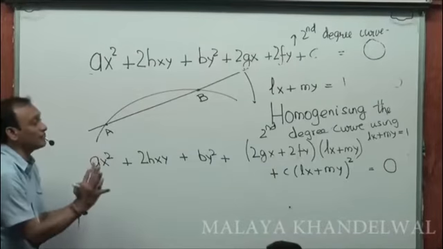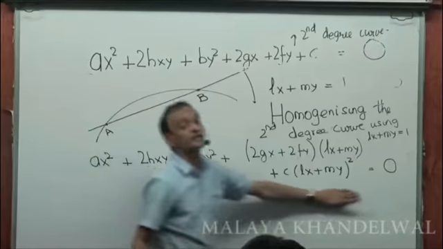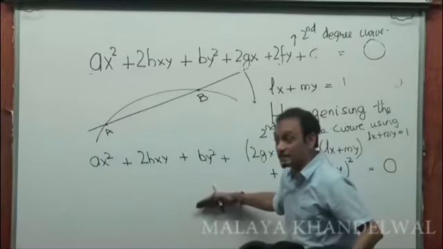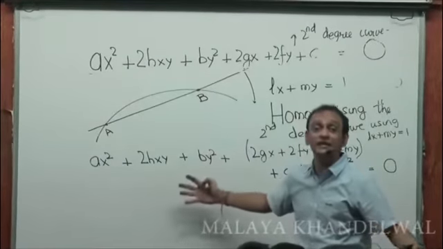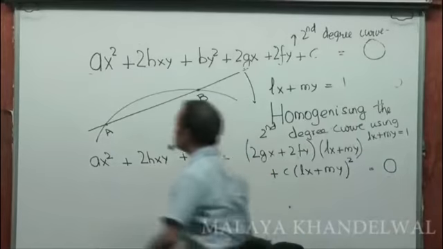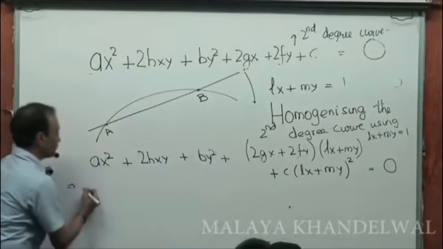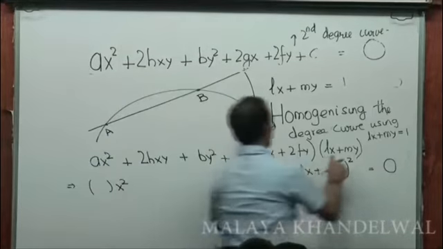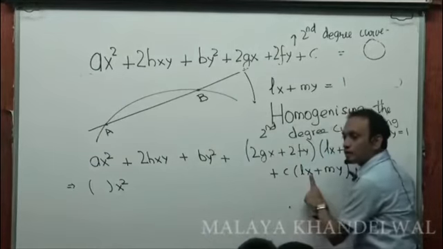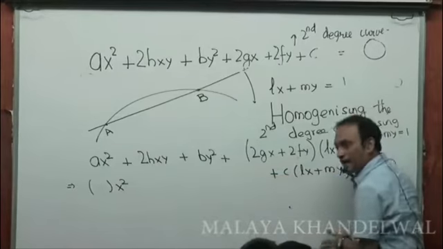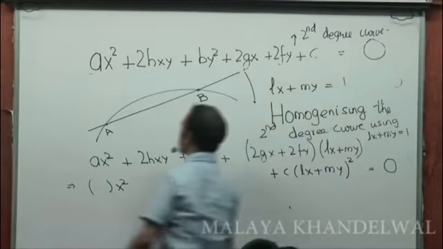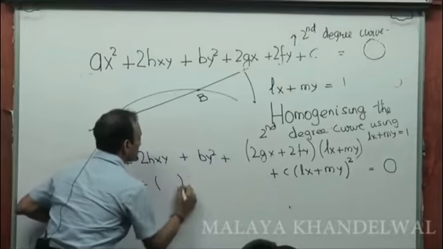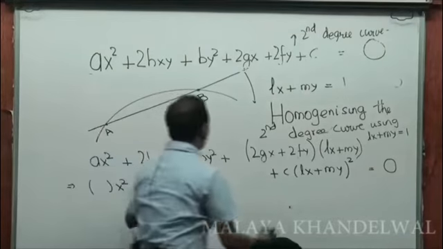Now, what does it stand for? Let's see the geometrical entity that the homogenized second degree curve stands for. Think of it. What is the nature of the terms? Something into x squared, right? Because we'll have an x square coming here and an x square coming here, I consolidate. So it will give me something into x squared plus something into xy, 2h.